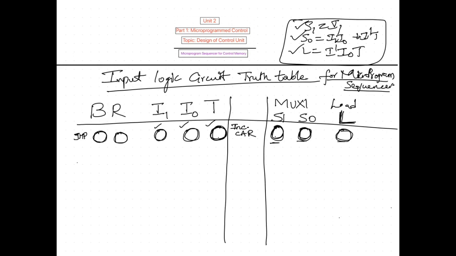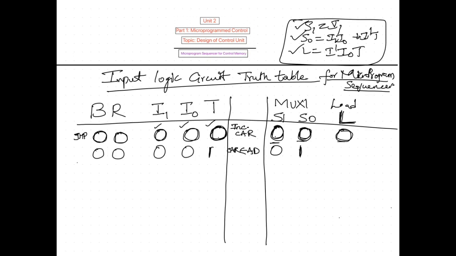Now another case: if the BR field is 00, the same thing is copied to I1 and I0, and the condition is 1. When the condition is 1, the AD value will be copied to CAR. Now address bits are copied to line 1. Line 1 means 0 1.